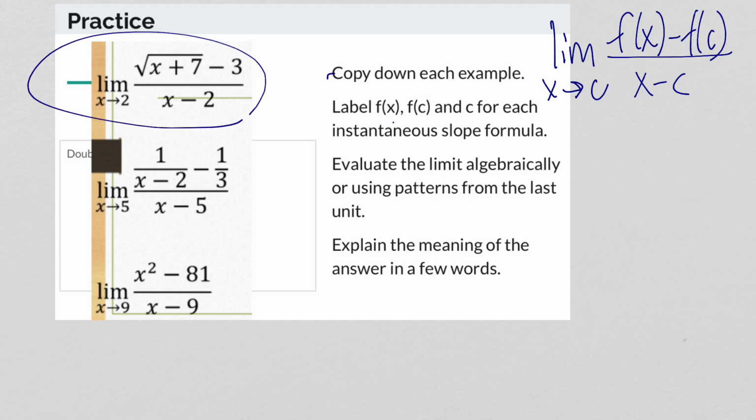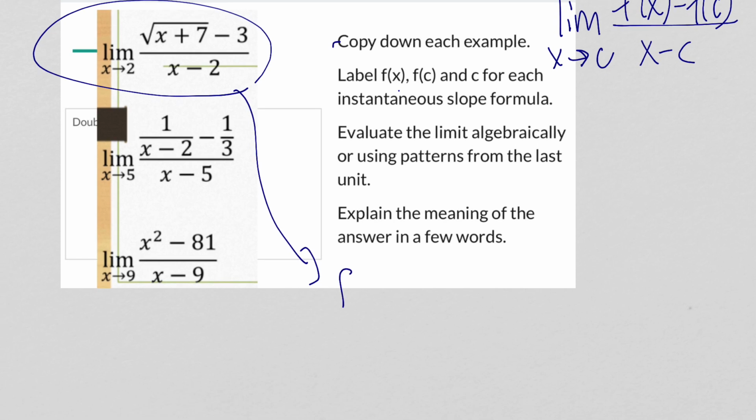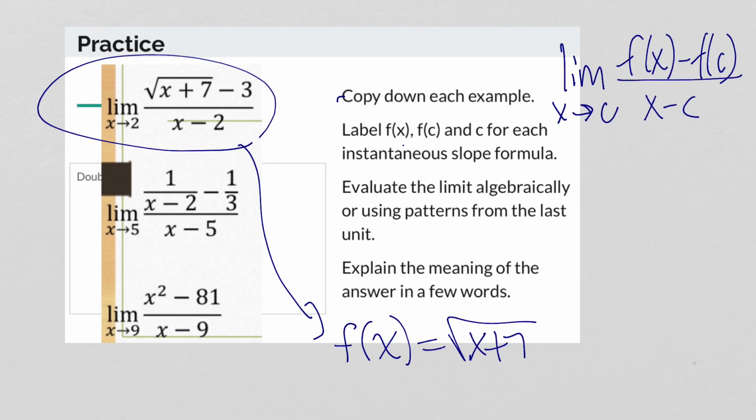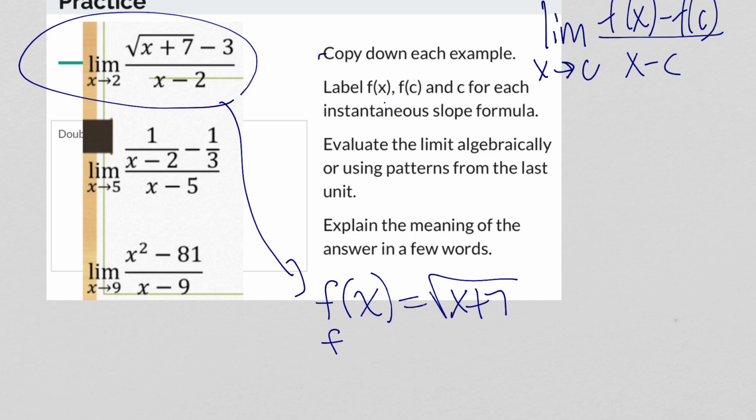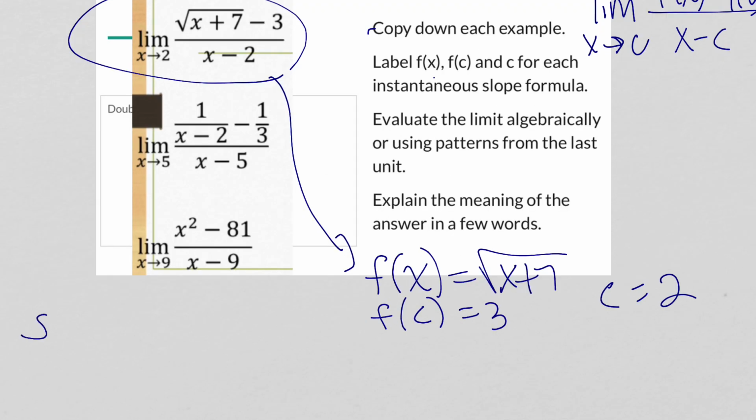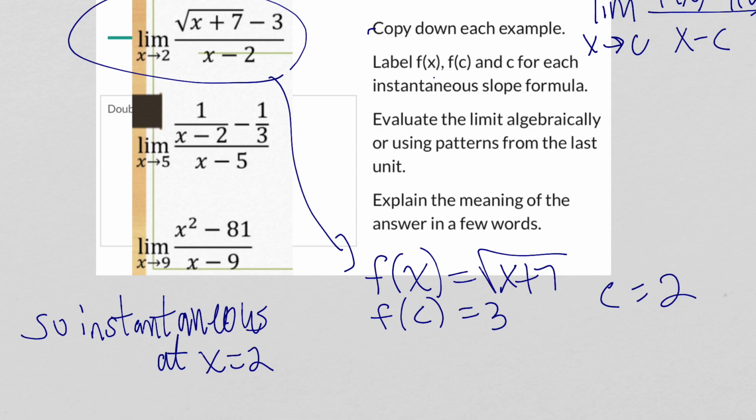For this one, what's my f of x? My f of x for this one is x root x plus 7. My f of c there is 3. And my c is going to be 2. So this is telling us the instantaneous slope at x equals 2.